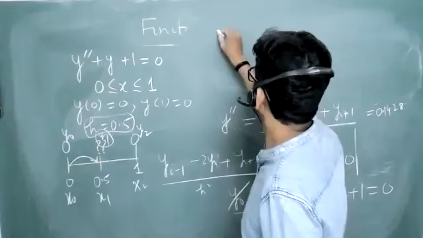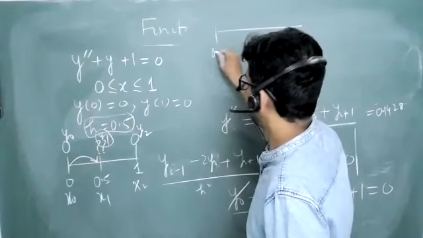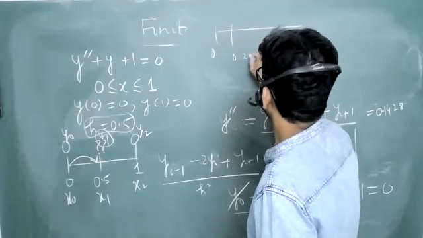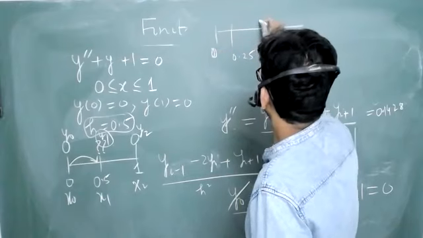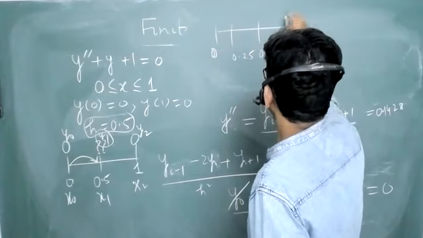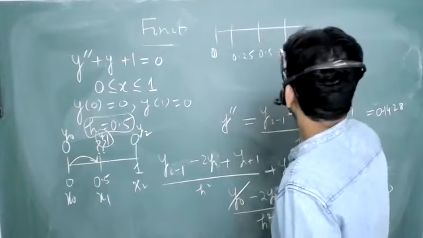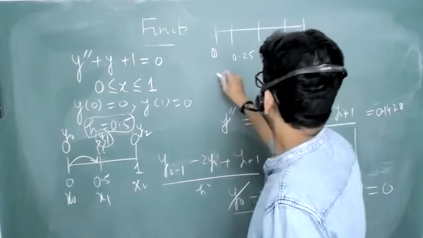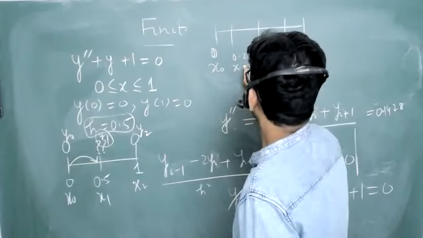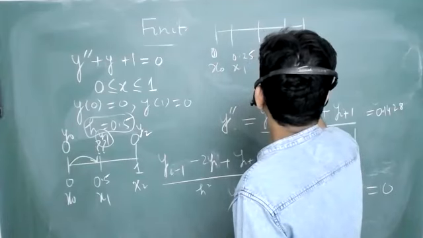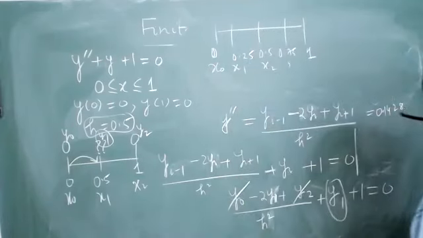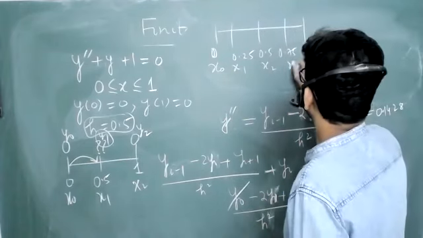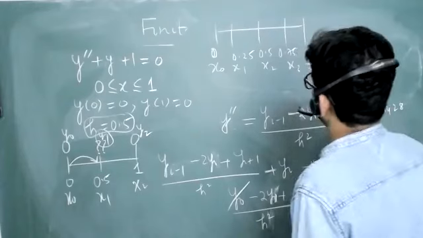If you take grid size 0.25, you wanted the value at 0.5 but you took more grids, so this will become x0, x1, x2, x3 and x4.